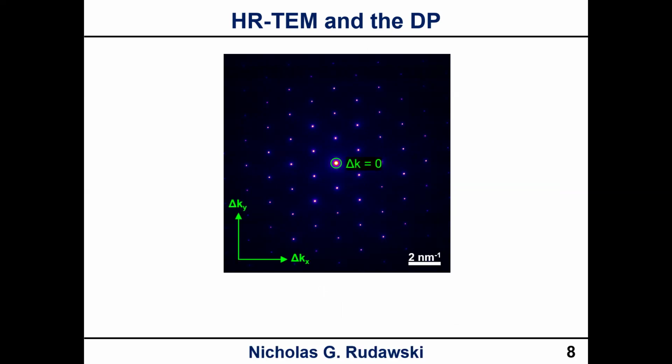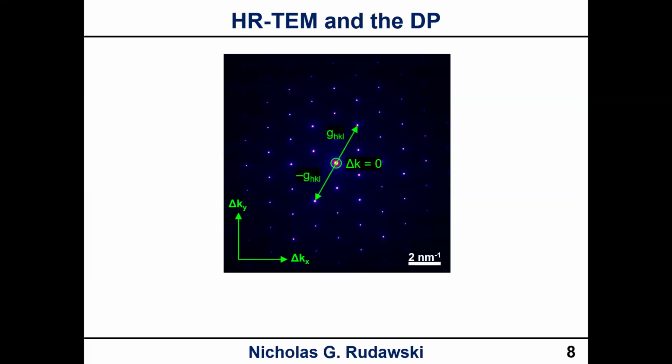So the direct beam in the DP, which is usually the brightest beam, corresponds to delta K equals 0. Delta K, of course, means change in wave vector, change in momentum, or change in direction of my electron, okay?